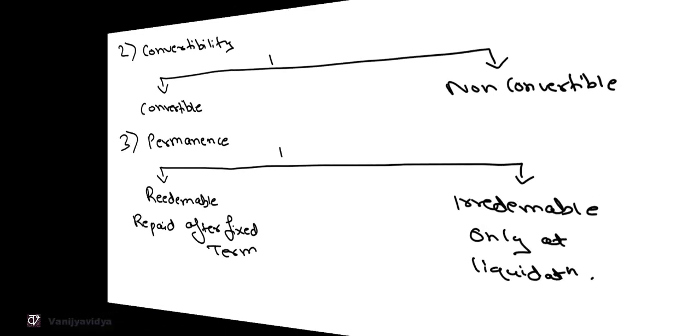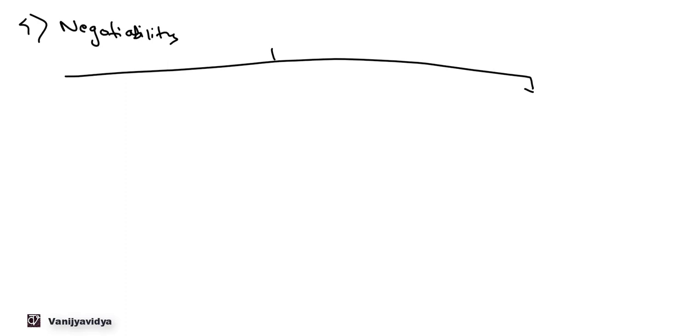Next, on the basis of negotiability, debentures are classified into two types. One is registered debentures and the other one is unregistered debentures.